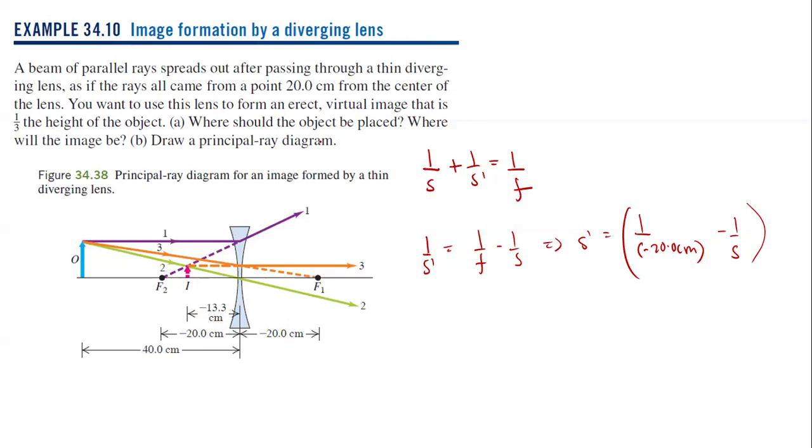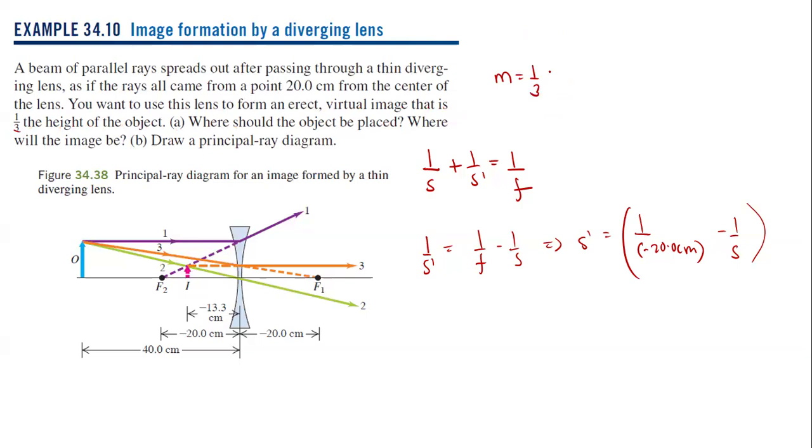But we have here the virtual image that is 1/3 the height. Okay, we have here the given ratio, which states that the magnification m is equal to 1 over 3.